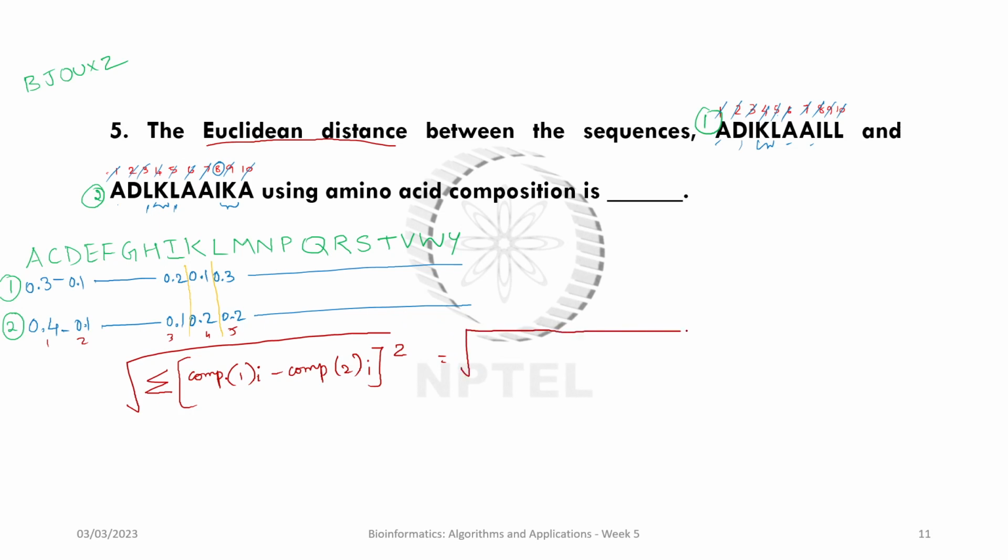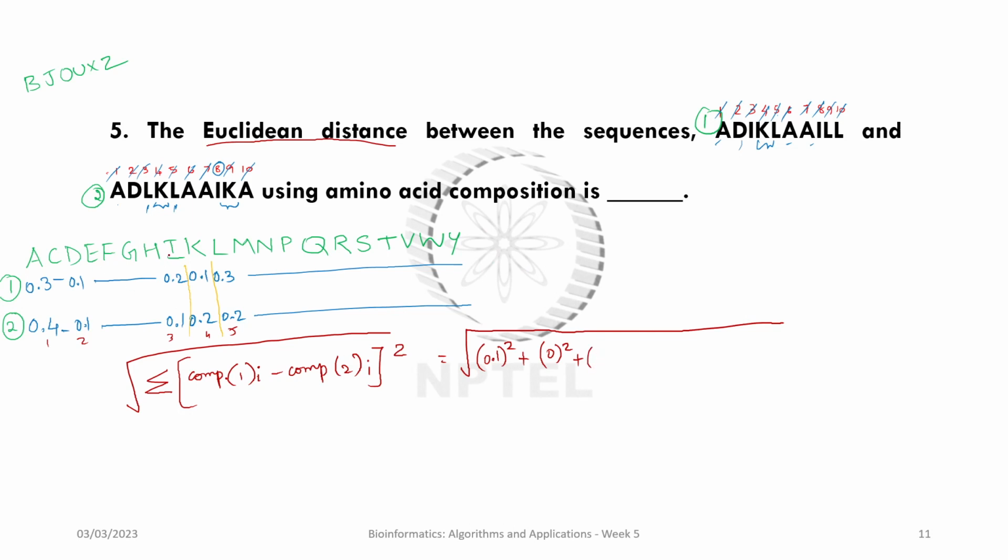So what should I be doing? Whole root of the first difference between 0.3 and 0.4 is 0.1 squared, plus between 0.1 and 0.2 there is nothing. Then there should be a square, right? For Euclidean. Only for Hamming you don't have a square. For Euclidean it's the sum of squares and you take a root again.